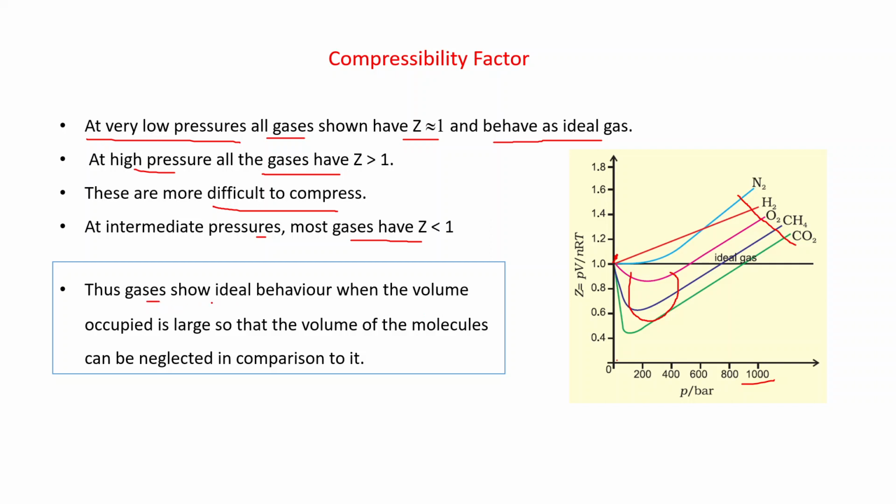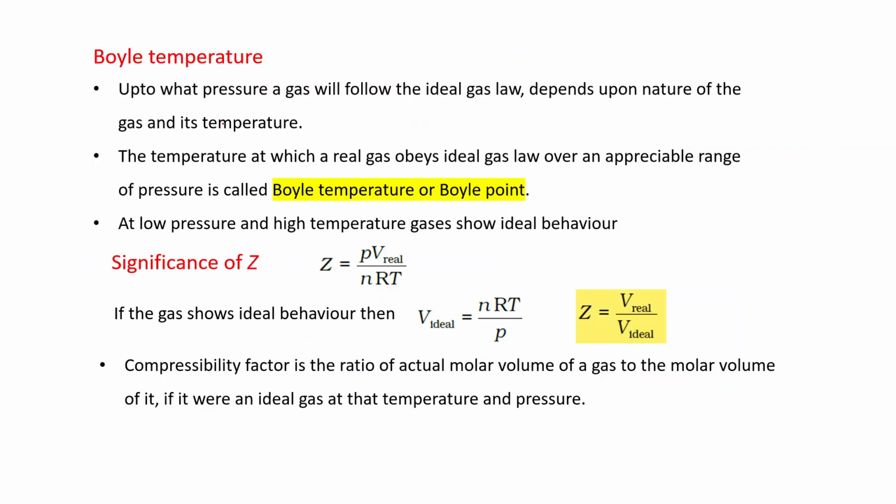Thus, gases show ideal behavior when the volume occupied is large, so that the volume of the molecules can be neglected in comparison to it. Boyle temperature. Up to what pressure a gas will follow the ideal gas law depends upon the nature of the gas and its temperature.